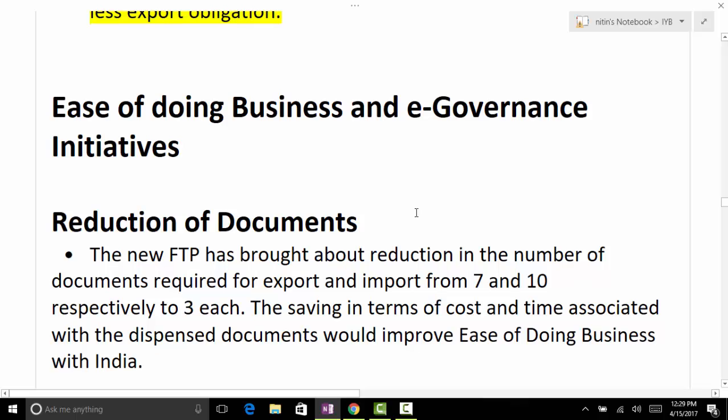Tell me, Amit, which schemes are there under the FTP, Foreign Trade Policy? MEIS, SCIS, the promotion of merchandise and services. What is MEIS? Merchandise Exports from India Scheme. SCIS is the same for services: Services Exports from India Scheme.